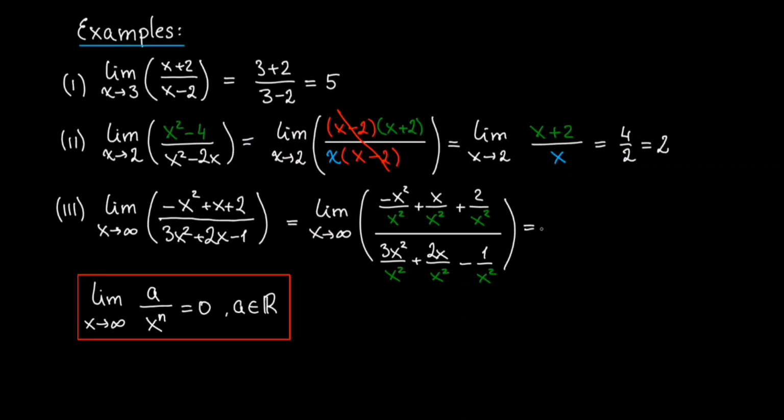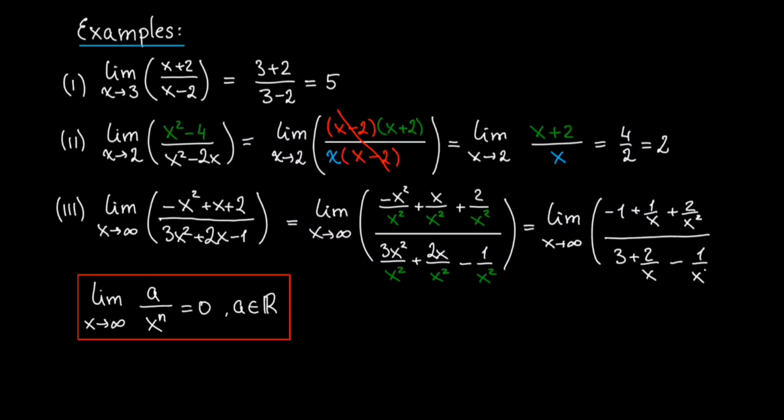So here, in our function, we get the limit as x approaches infinity of (negative 1 plus 1 over x plus 2 over x squared) divided by (3 plus 2 over x minus 1 over x squared).